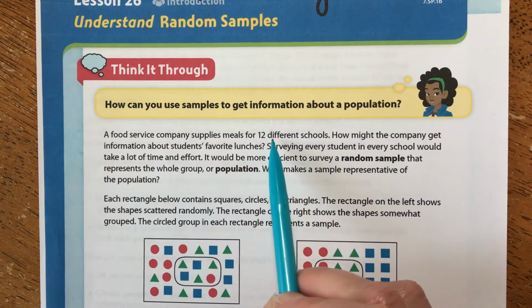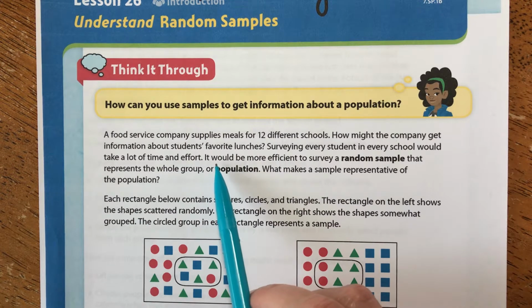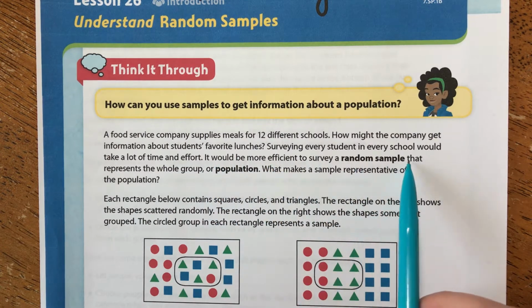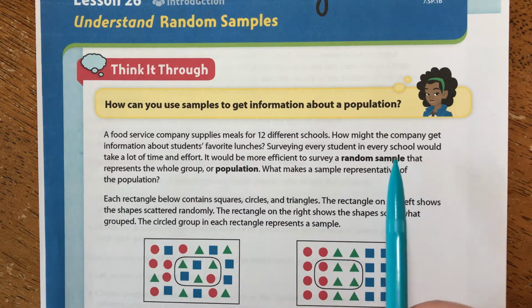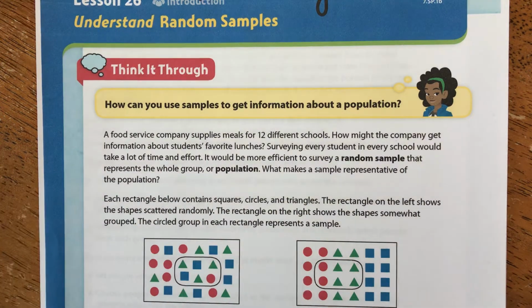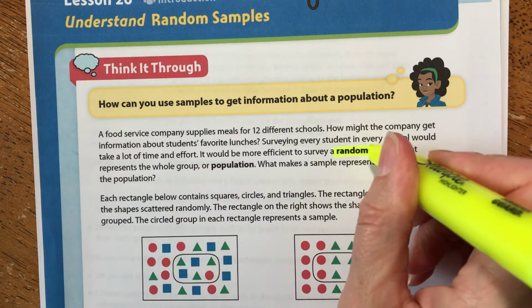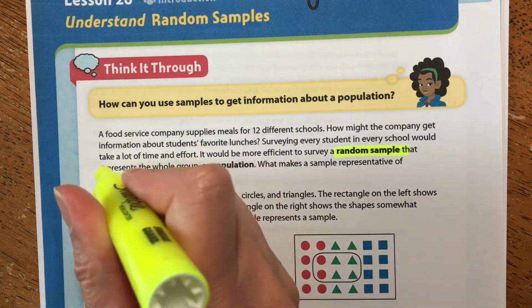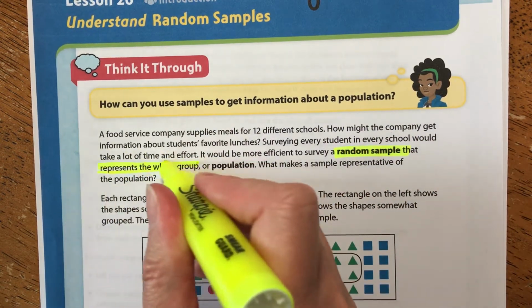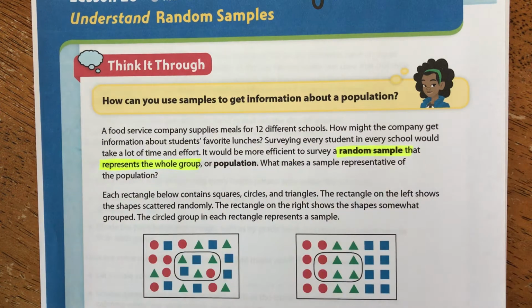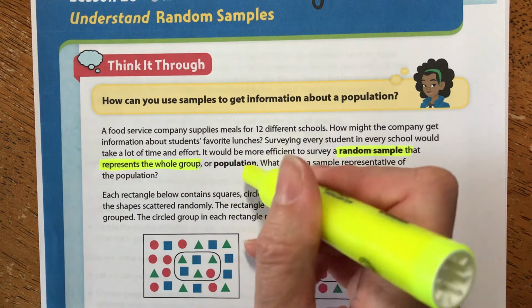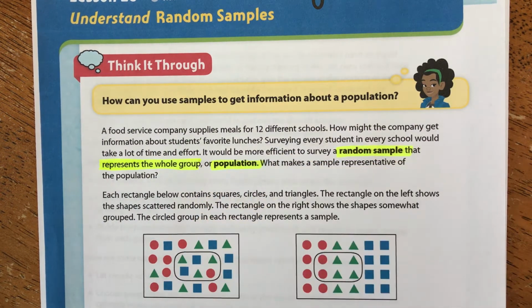So they're right, 12 schools. It would be more efficient to survey a random sample that represents the whole group. So a random sample is a representation. It represents the whole. It's not the whole group. It's part of the group, okay? The population is the whole group.